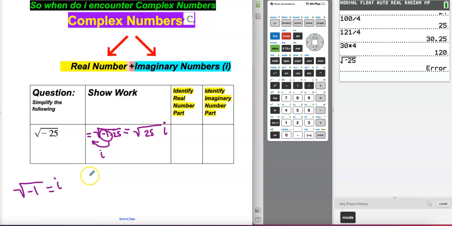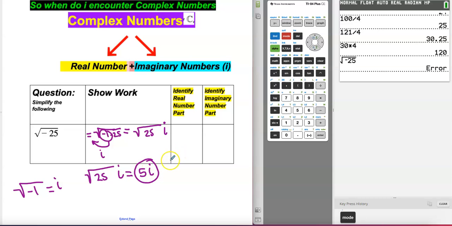So now we have the square root of 25, and there's an i out there, and if I simplify this, this would just be 5 times i. Okay, because the i is already out there, and then you simplify the square root of 25, you should get 5. You multiply them together, and you get 5i.